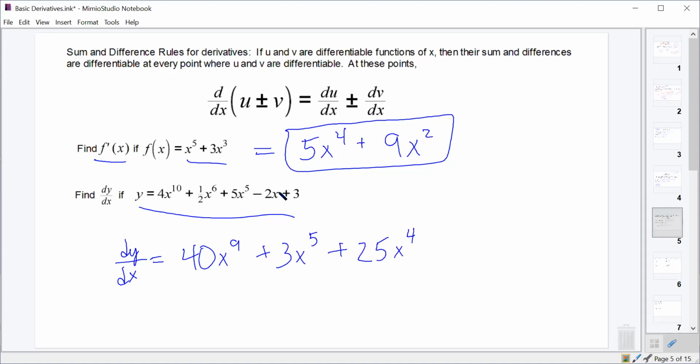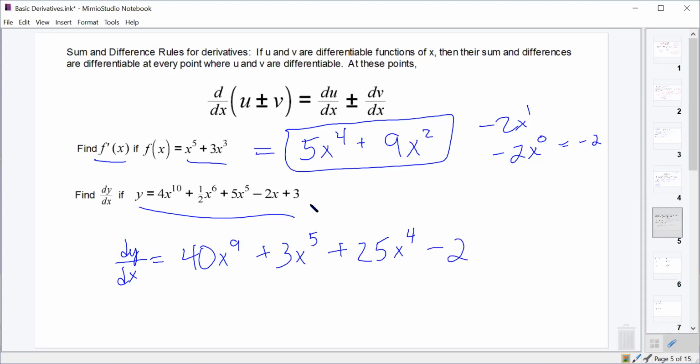Then what about minus 2x? Let's think about that. Minus 2x to the 1st, right? That ought to be minus 2. Yeah, just minus 2. Minus 2x to the 0, and x to the 0 is just 1. That's just a minus 2. And then what about the plus 3 that was a constant?